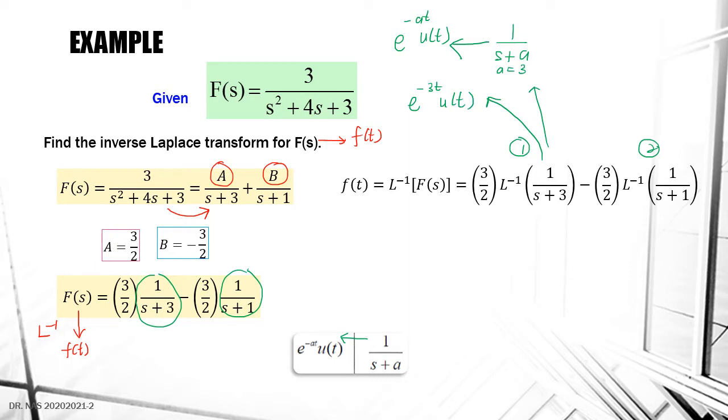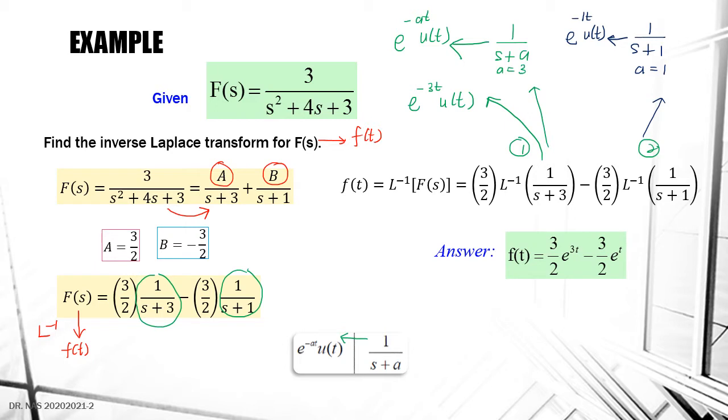The same goes for the second component. You have 1 over s plus 1, so in this case, your a equals 1. Therefore, this one will produce e to the minus t u(t).